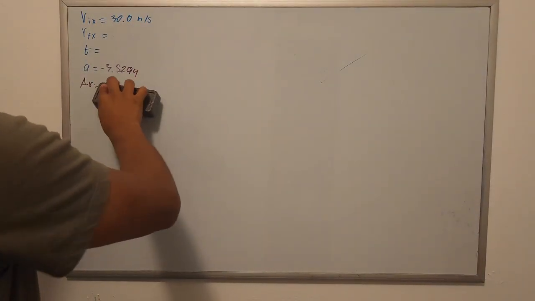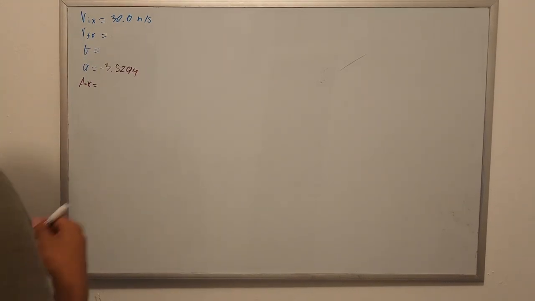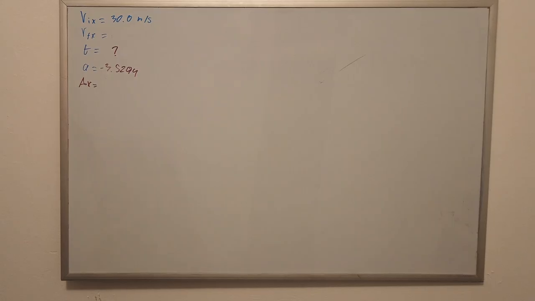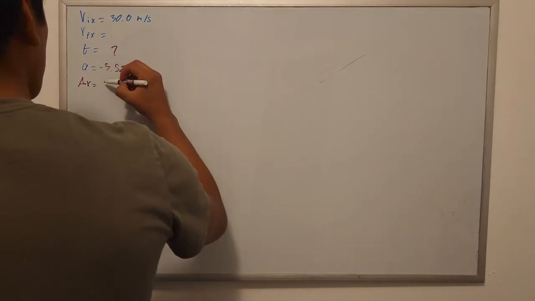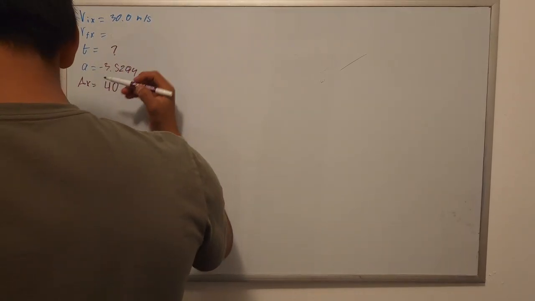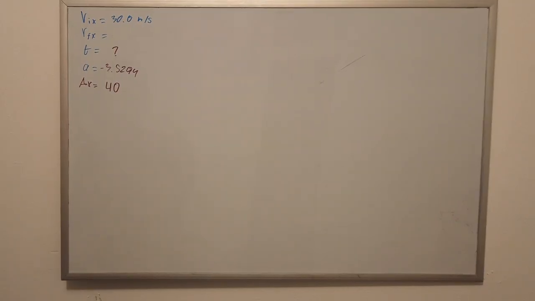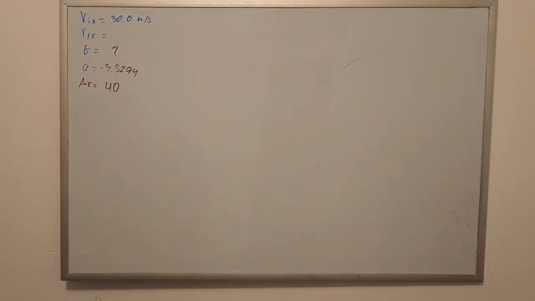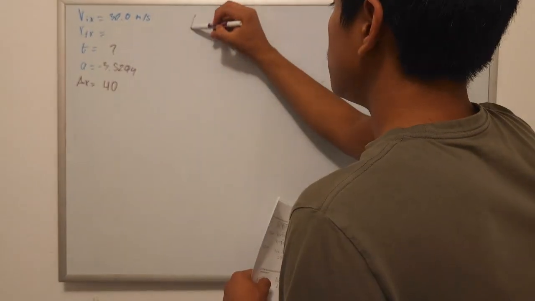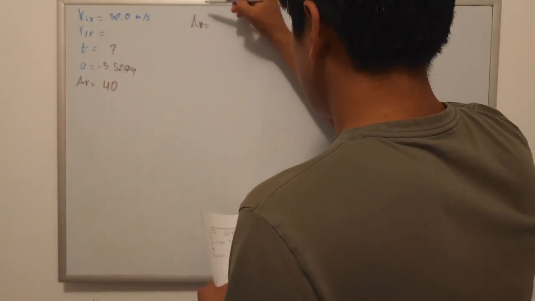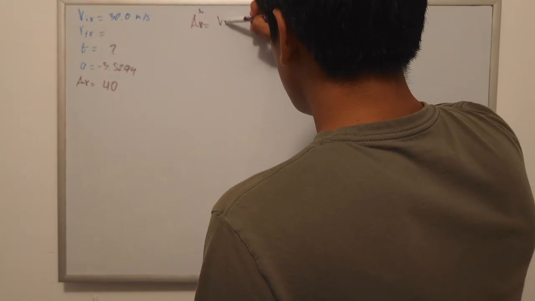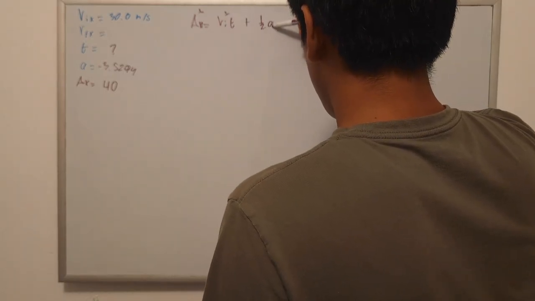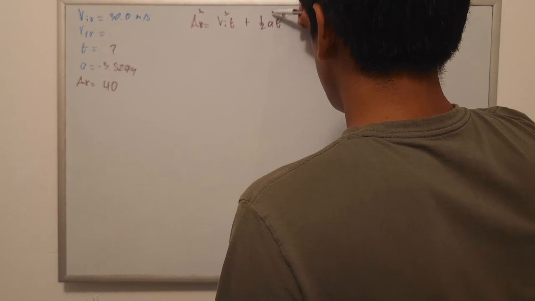We have a new displacement, which is 40, and we're looking for time this time. So we're going to use this equation right here: delta x equals velocity initial times time plus 1/2 at squared.